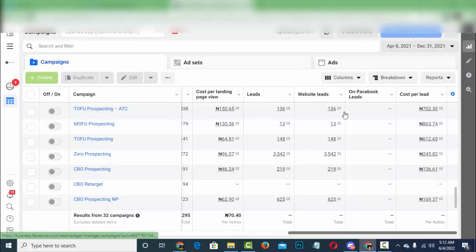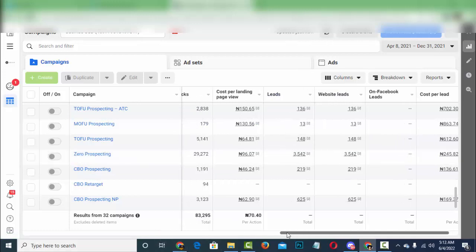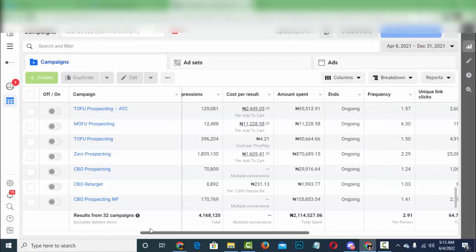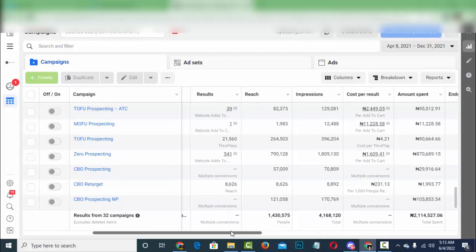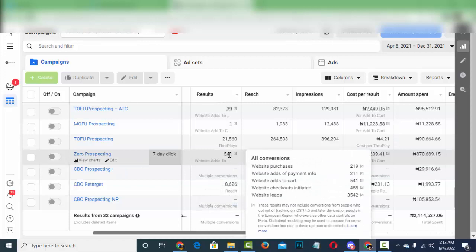Now if you look at the add to carts, this recorded about 3,000 leads, and it shows about 500 or something add to cart, which is not really true. Most times it's lower than that, because their pixel is crazy sometimes.